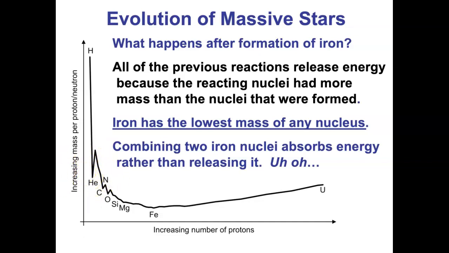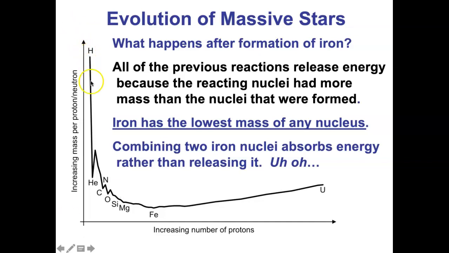Once the hydrogen runs out, you've got helium fusing into carbon, carbon fusing into oxygen, oxygen fusing into silicon, silicon fusing into iron. Notice what's happening. Every time the core of the star takes an element and fuses it into an even heavier element, there's less of a drop, right?